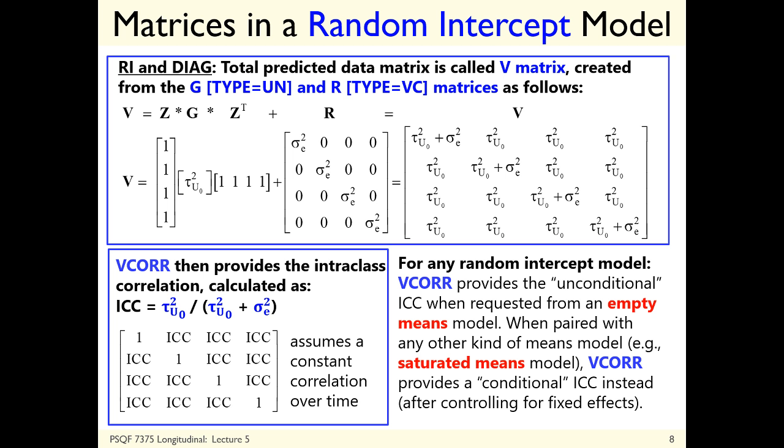So what value of ICC means game over? What value of an ICC means stop? You do not have longitudinal data. 0 or 1? If the ICC is the proportion that's between, what value of ICC would say you don't have any longitudinal information?